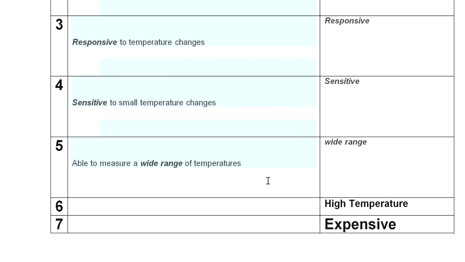If we see the fifth, it must be able to measure a wide range of temperature. Wide range means it must be able to measure very high temperature and very low temperature. During this measurement of very high and very low temperature, it will have a very wide range. 6, high temperature, and 7 is expensive.